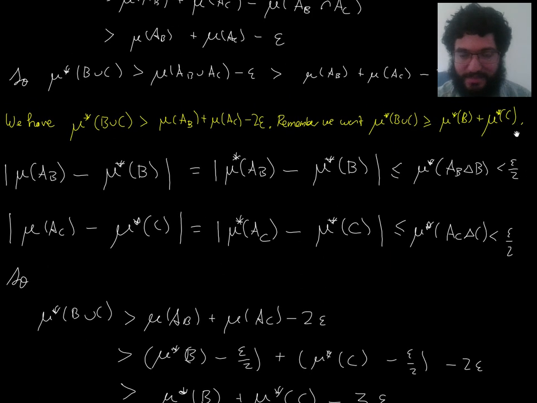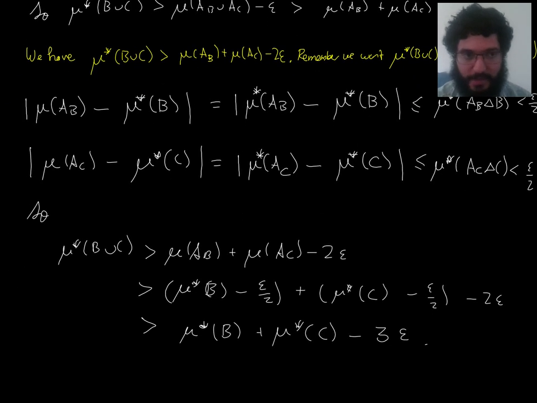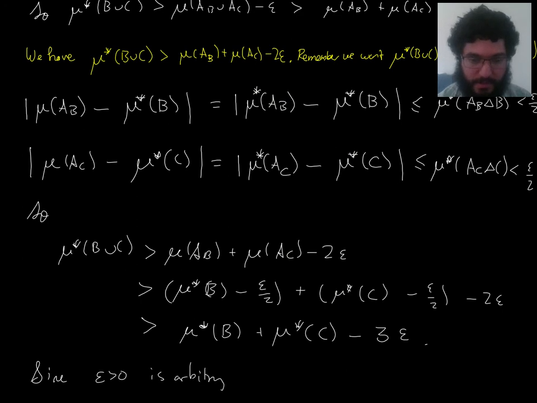Okay, but look, I've reached my goal, right? Except there's a minus 3 epsilon, but epsilon is arbitrary. So since for all epsilon greater than 0, this is greater than that minus 3 epsilon, since epsilon is arbitrary, we have this with a non-strict inequality, of course.